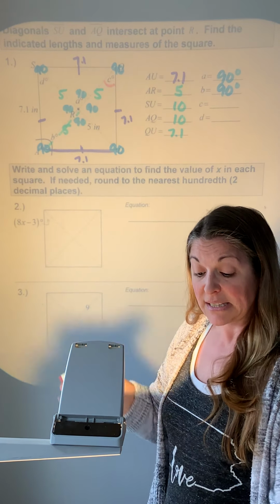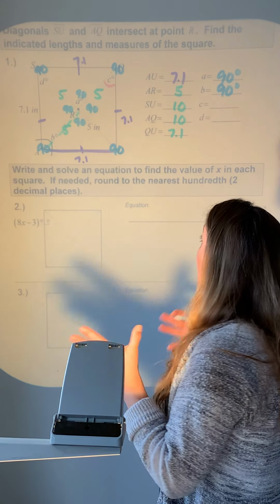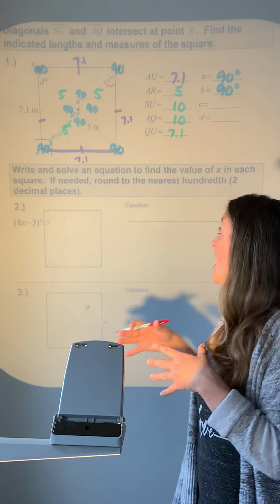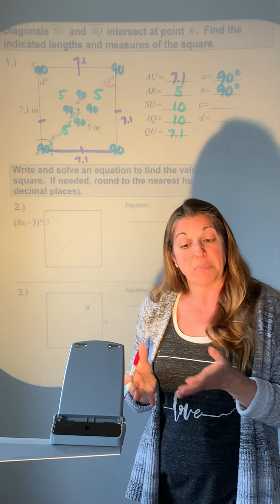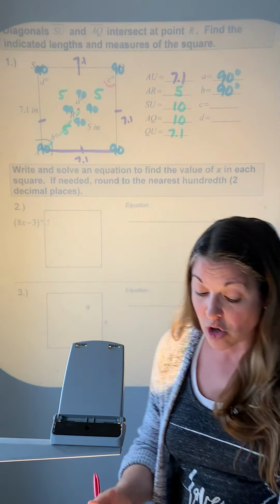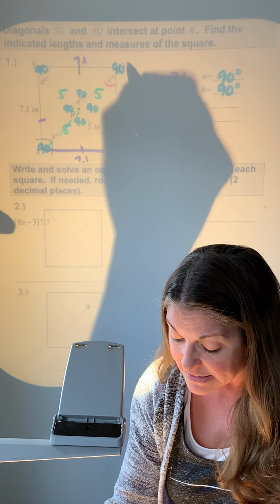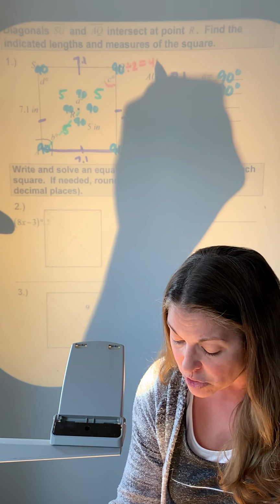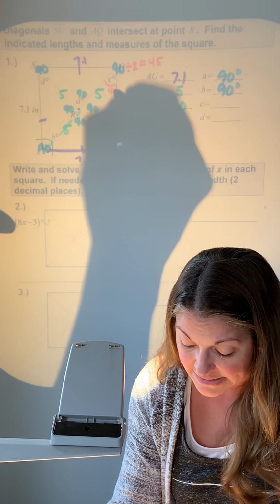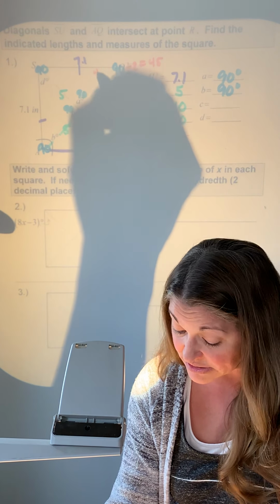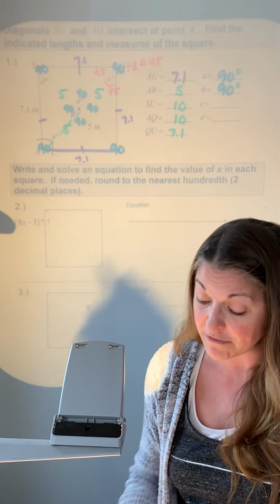But now again, let's go back to what we talked about on the other page. We know that the diagonals will bisect each corner because that's what it got from being part rhombus. So if this is 90, divide by 2, here's where the 45s come in. I know that C will be 45, just like this side will be 45.